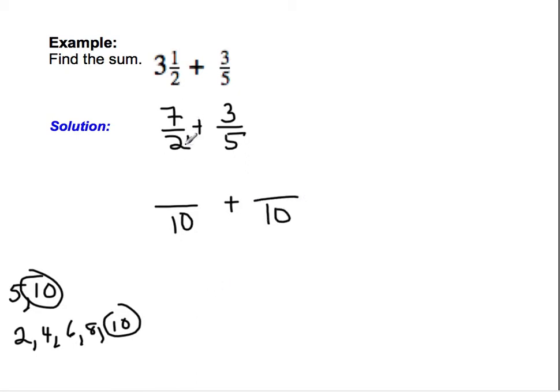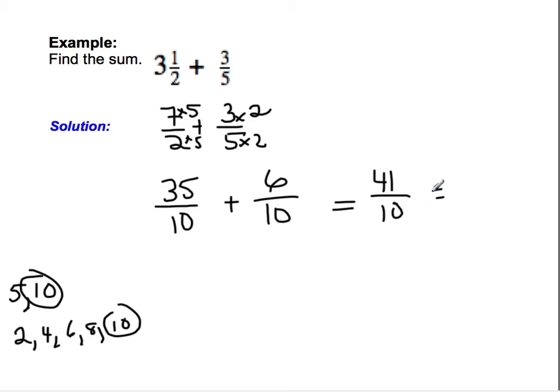I'm going to multiply my first fraction by 5 because I have one that's cut in half and I need 10 pieces, so I get 35 here. Let's multiply by 2, so I get 6. Once our denominators are the same, we add our numerators, 41 over 10.